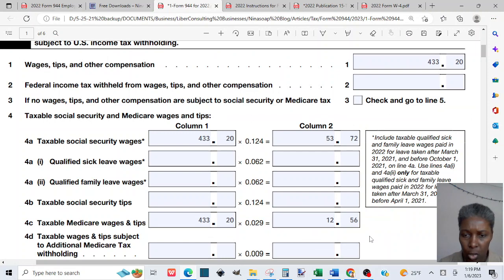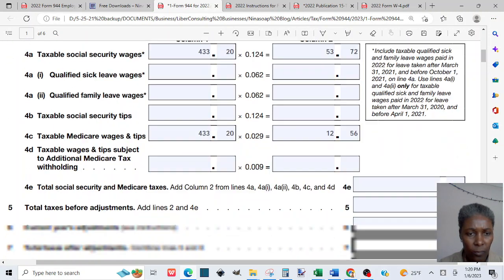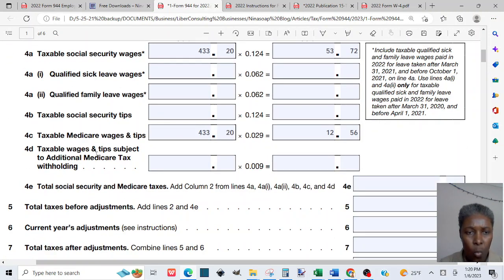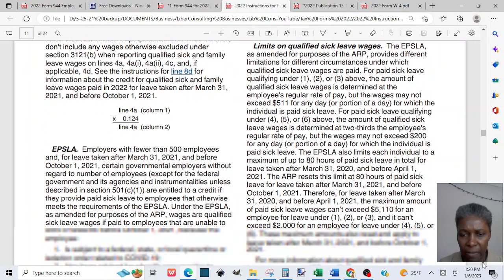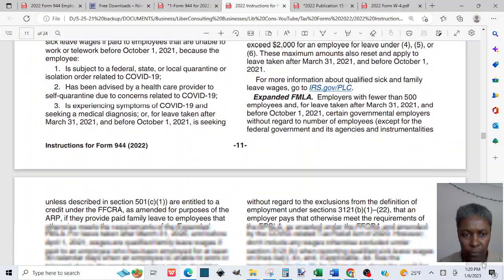Okay, taxable wages and tips subject to additional Medicare tax withholding. You can read it in the instructions. I believe it's $200,000.